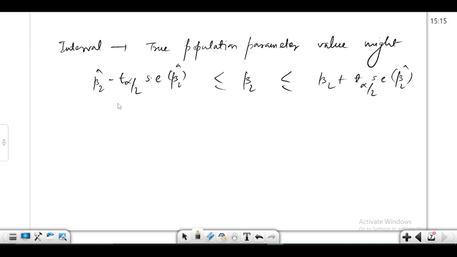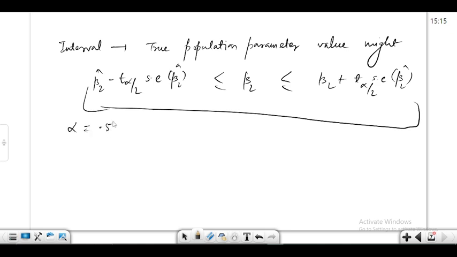If my beta 2 values are lying in this range, and if I've chosen the level of significance at 0.05, this implies that I'm 95% confident, or there's a 95% probability, that the true population parameter is lying in this range.